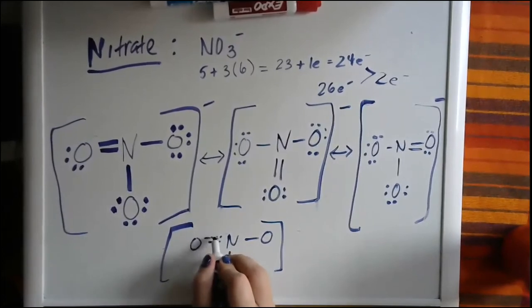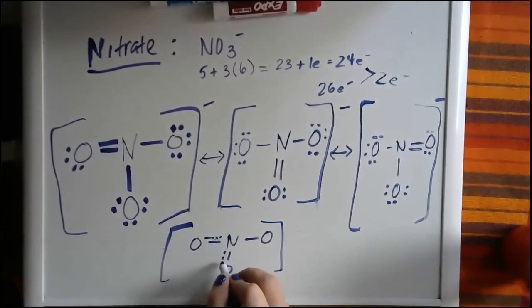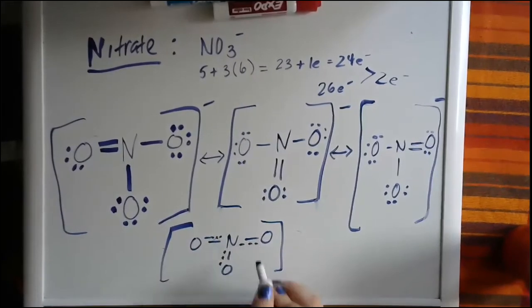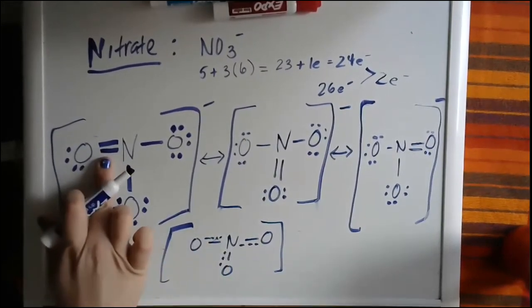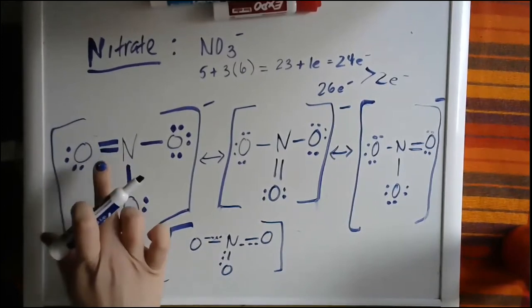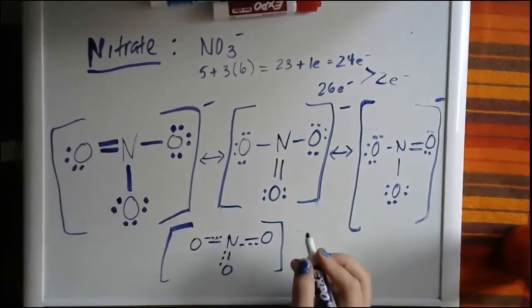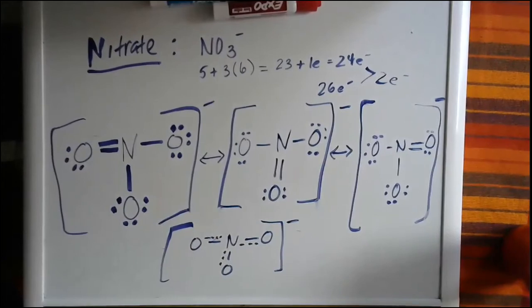Like you have the little dashes. Okay, and that would be you indicating that you have a delocalized pair of electrons that moves from bond to bond. Okay, that's your resonance hybrid.